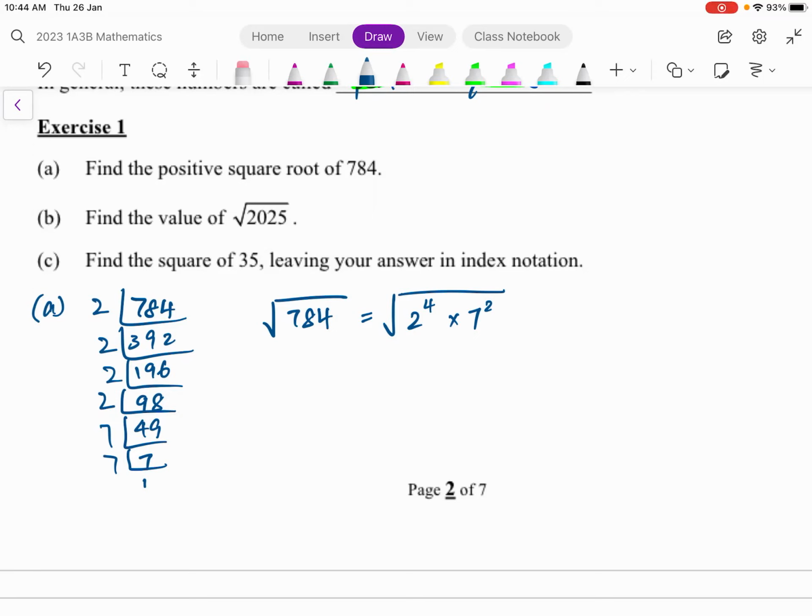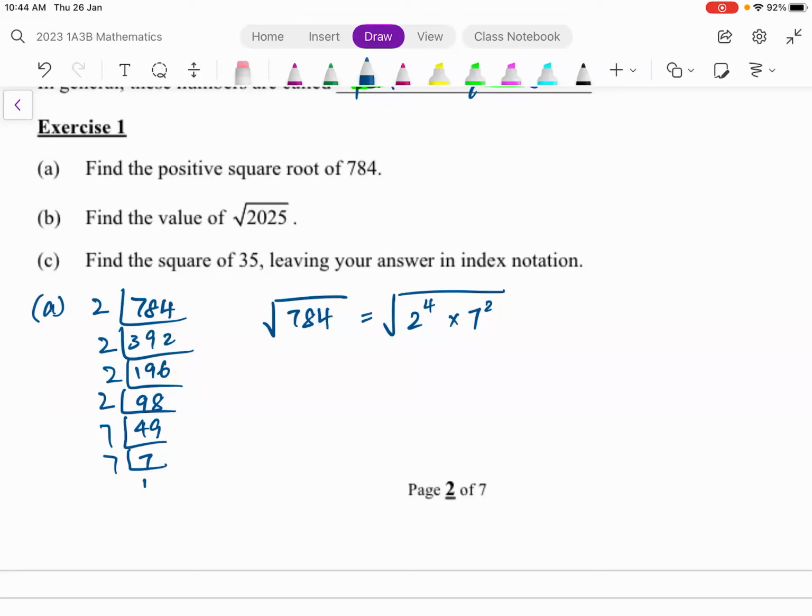How do we distribute these numbers into 2 equal parts? Think. How do we divide these 6 numbers? There are 4 twos and 2 sevens into 2 equal groups. Must be equal. So how many 2s would there be in each group? 2, right? How do you get 2? 4 divided by 2 groups.